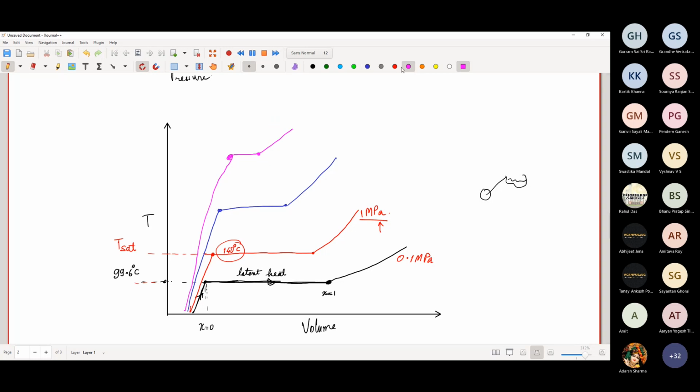And so if you draw all the locus, you can draw the locus of these curves and the locus of these curves. So this locus will be the saturated vapor line, and this curve will be the saturated liquid line.